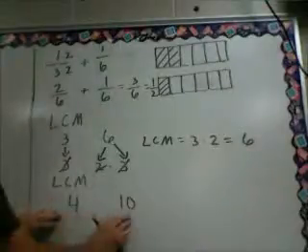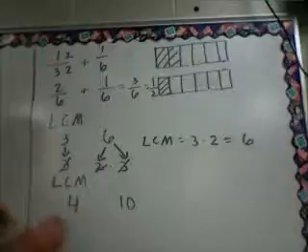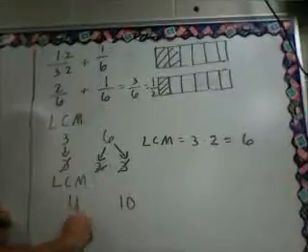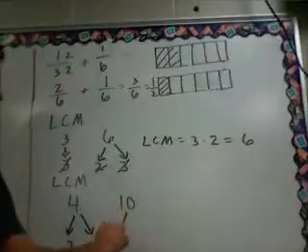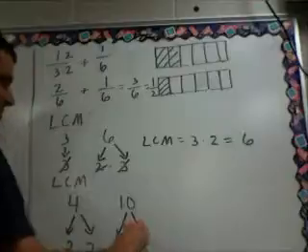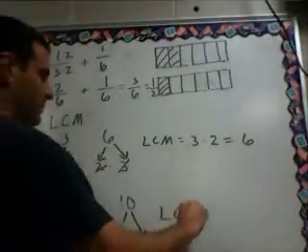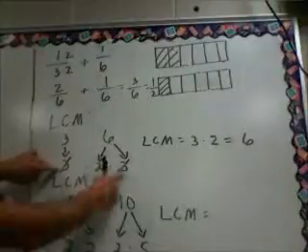Now what about 4 and 10? Let's do the same process. Now this 4 and 10 has nothing to do with this illustration, but 4, prime factorization is 2 times 2. 10, prime factorization is 2 times 5. So what's the LCM? Now up here, when I took the 3 out, I took it away from both.